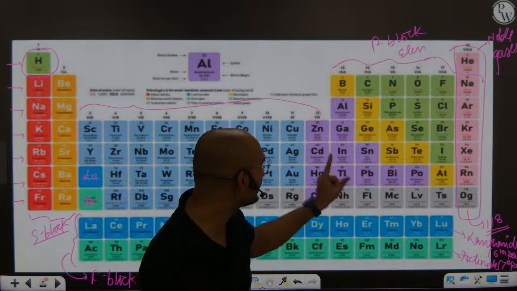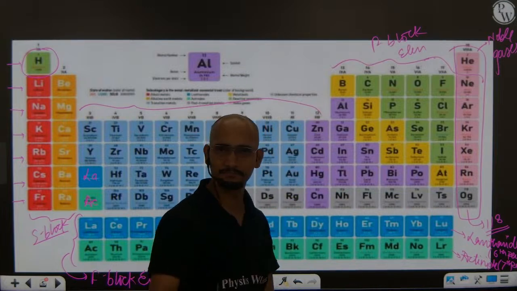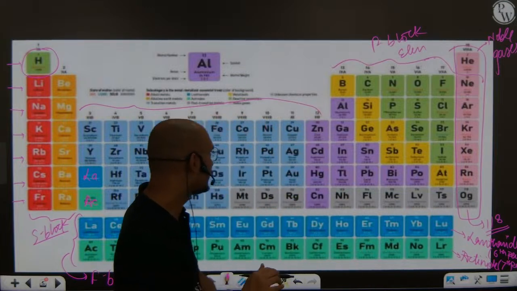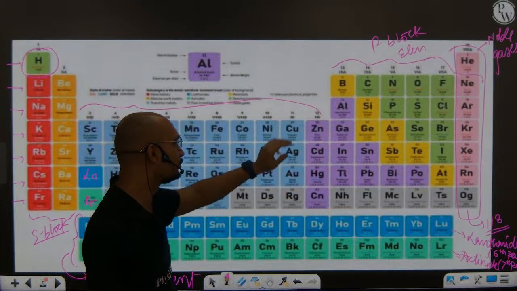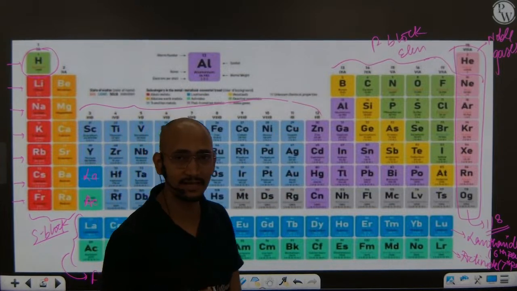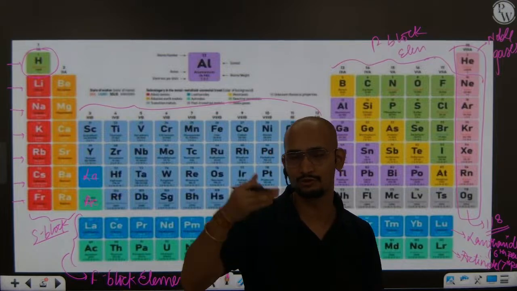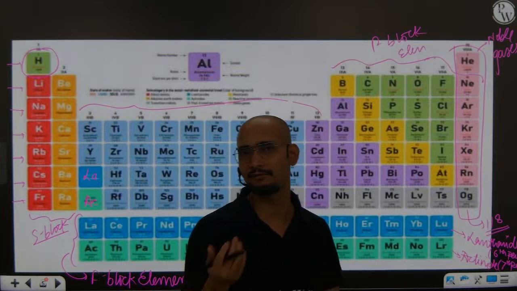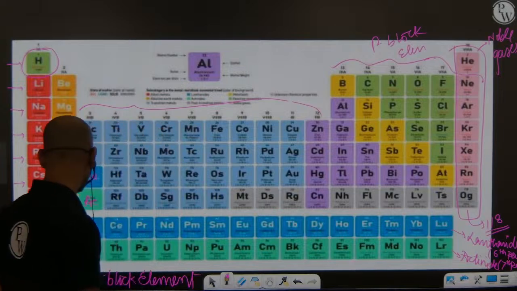That's why we do not consider them transition elements. While copper, Ag and Au were used for making coins, they are also known as coinage metals.